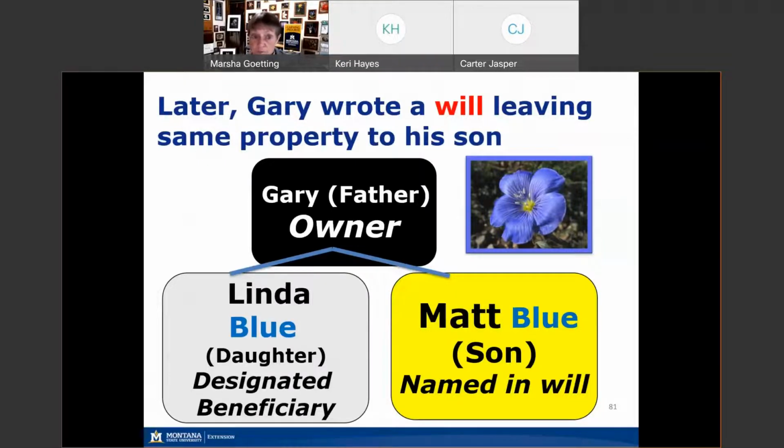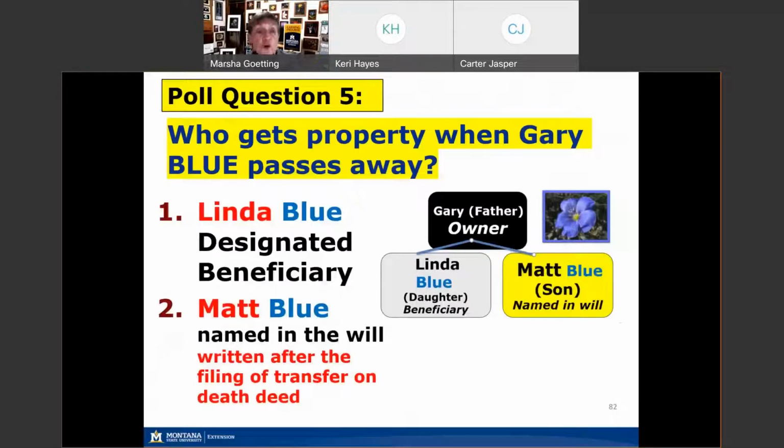Changed his mind. So you know I'm going to ask, who gets that property when Gary Blue passes away? Is it going to be Linda Blue as a designated beneficiary, or is it going to be Matt Blue because he was named in the will? And don't forget, that will was written after the transfer on death deed was filed. So only 2 answers, and I know you're going to get it right. Right?